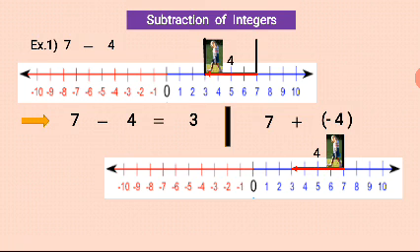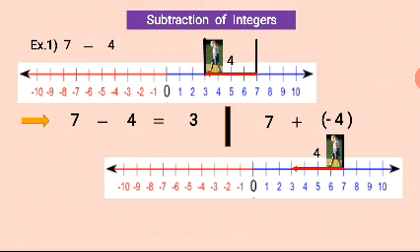Negative 4 means 4 units to the left from 7. First the girl stands on positive 7 and goes 4 units to the left side.